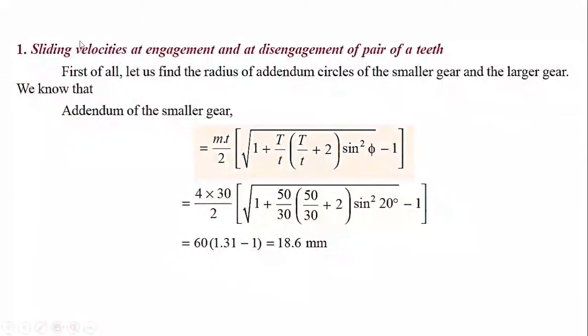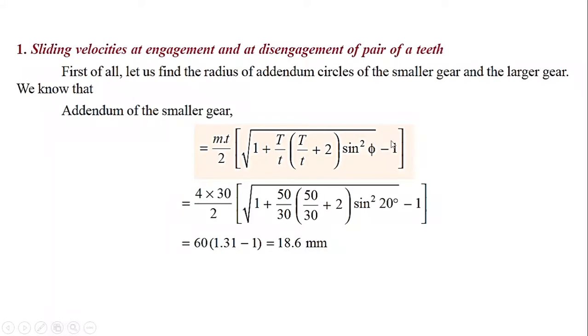First is the sliding velocity at engagement and disengagement of the pair. First we will find the addendum value of the smaller gear using this formula: m into small t divided by 2 into (the square root of 1 plus capital T divided by small t into (capital T divided by small t plus 2 sin squared phi) minus 1).